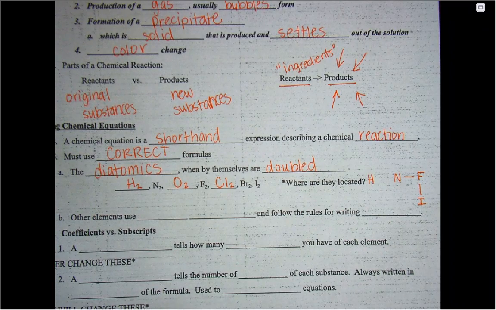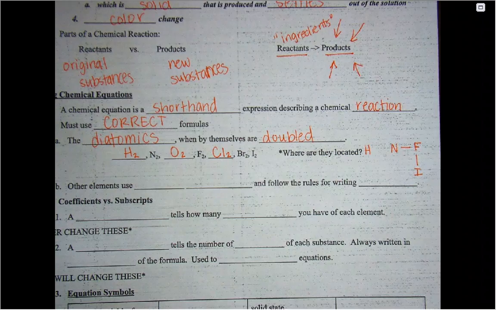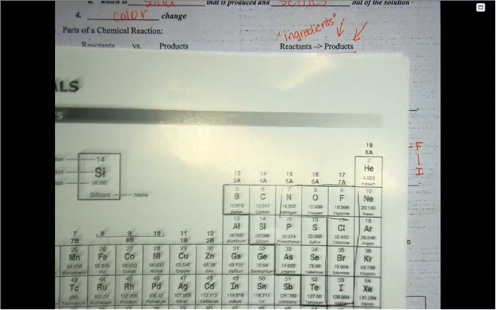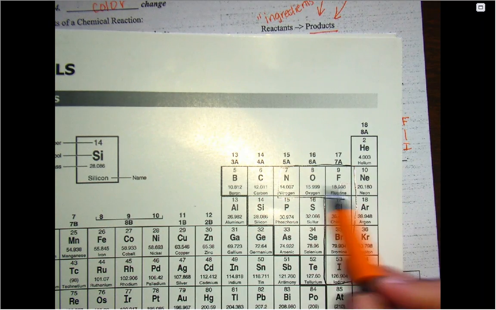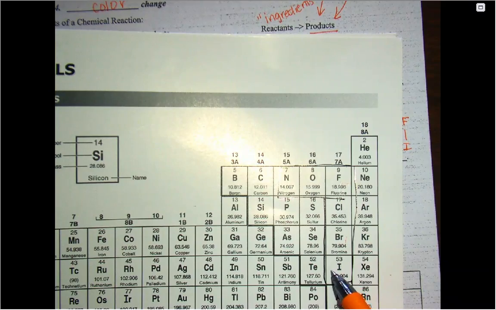You just have to know to double them when you see them, okay? In case you're totally lost, here's nitrogen. You make a 7 all the way down to iodine. Just make a 7, and then hydrogen is included.